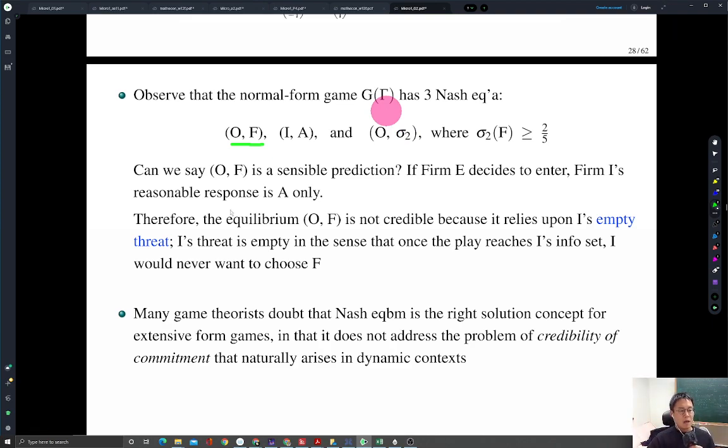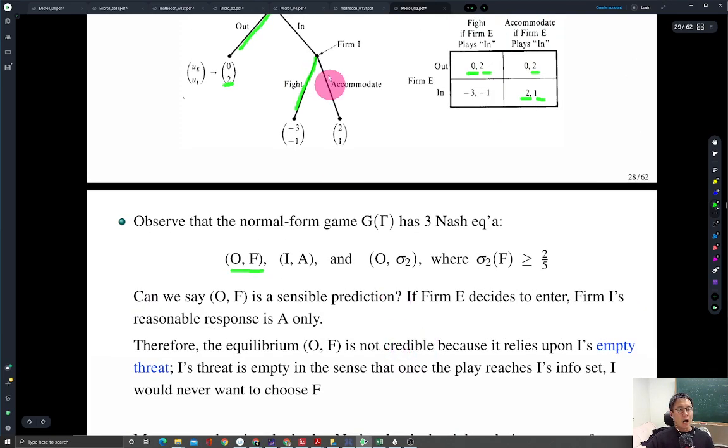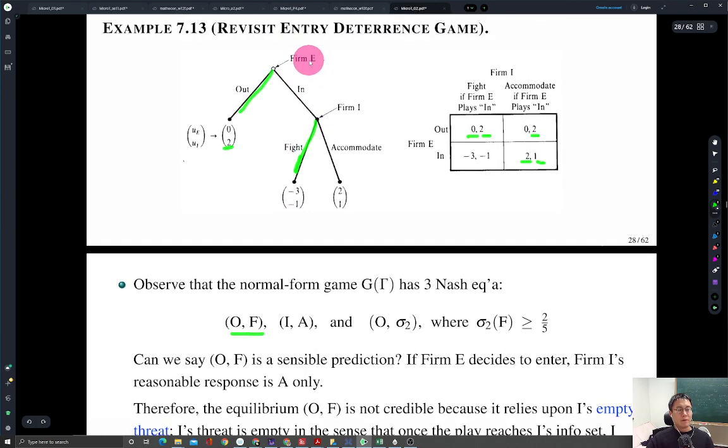And this is why many game theorists doubt that Nash equilibrium is the appropriate solution concept in extensive games, because it doesn't address the problem of credibility of commitment. Although incumbent I has a plan to choose F, he cannot commit to this plan if he observes E enter the market.